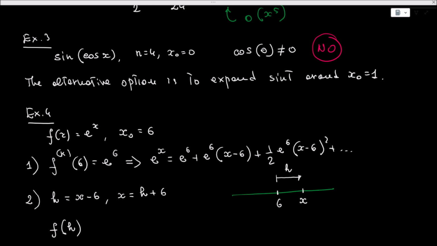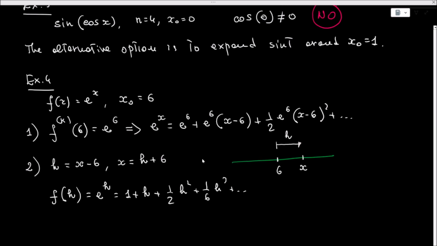Okay, so we can say that the function expanded around 6 becomes f of h equal to, which is now e to the h, right? So this is simply 1 plus h plus 1/2 h squared plus 1/6 h to the cube, and so on and so forth.